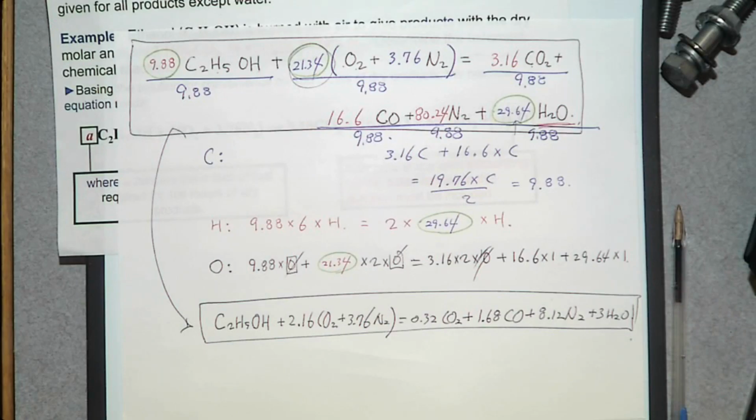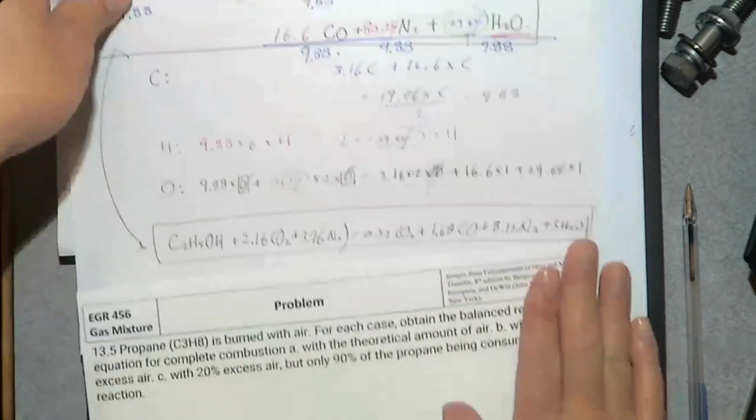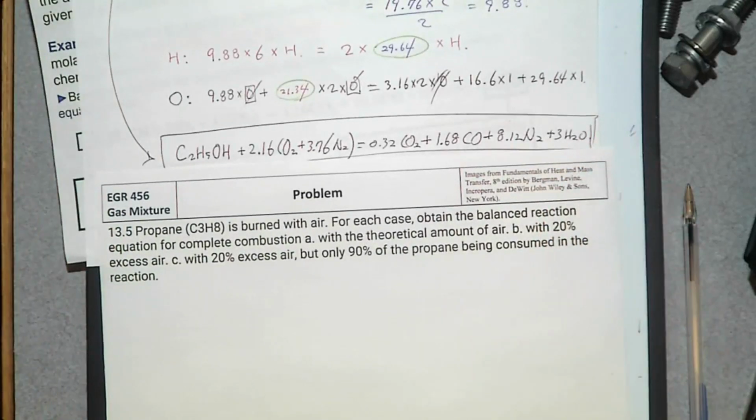Any question about how to determine the balanced reaction equation? If you're not 100% happy, then I have one more problem we can solve together to practice. So we have propane this time. Propane is C3H8: there are 3 carbon atoms and 8 hydrogen atoms per 1 molecule of propane.